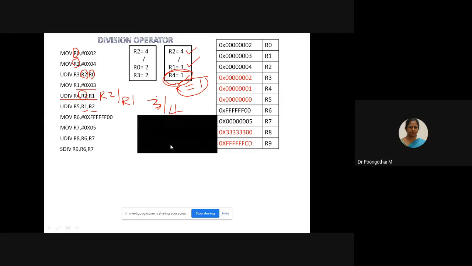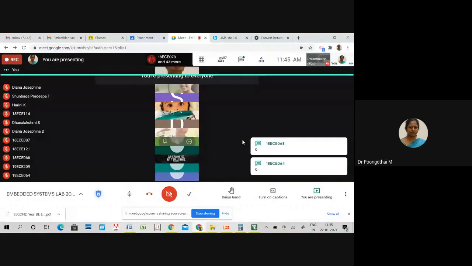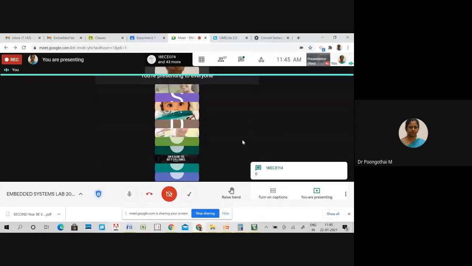Please tell me. The content of R3 is 0. So the result 3 by 4 is equal to 0.75. We get a fractional value. Since the fractional part of the result is discarded by the division, we are left with the value of 0. Okay. Is that clear?